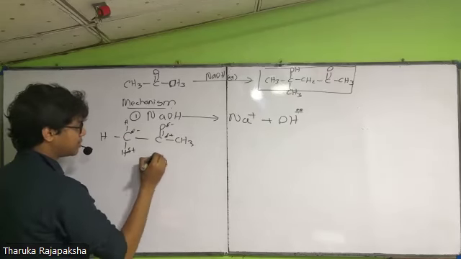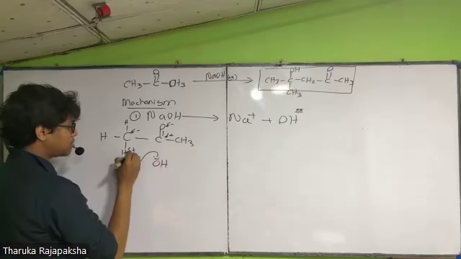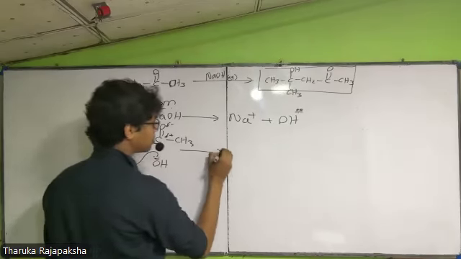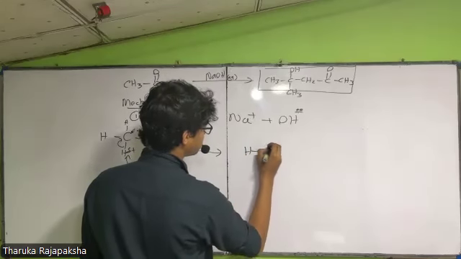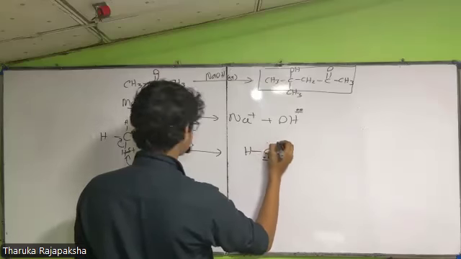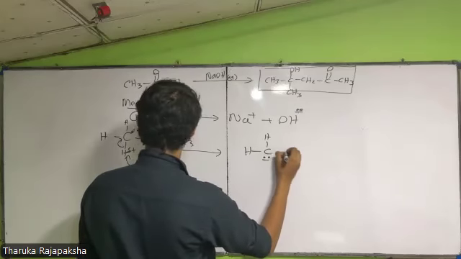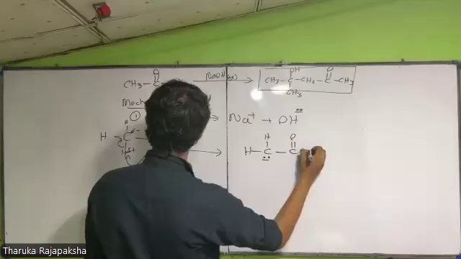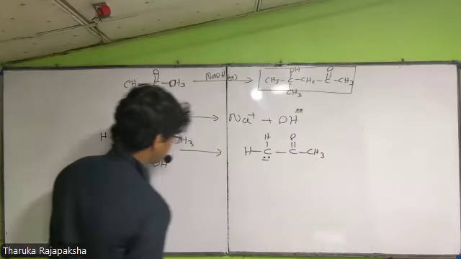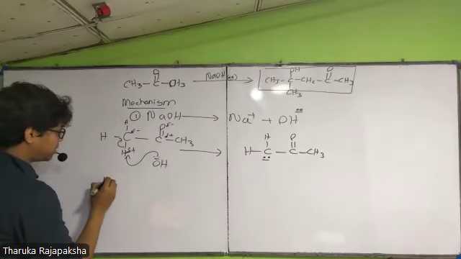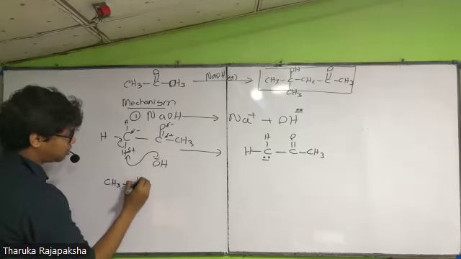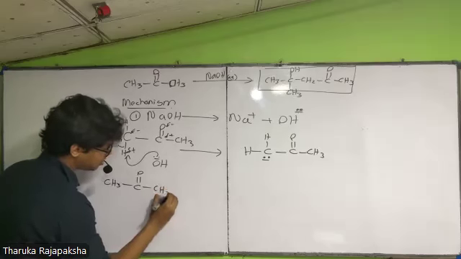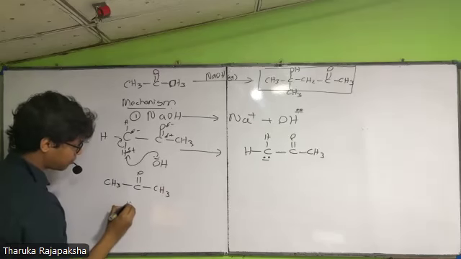OH minus attacks this hydrogen, breaking the bond. So carbon, double bond oxygen, CH3, with a lone pair. Something similar happens: CH3, C double bond oxygen, CH3.